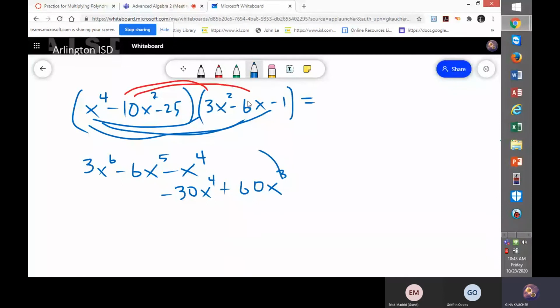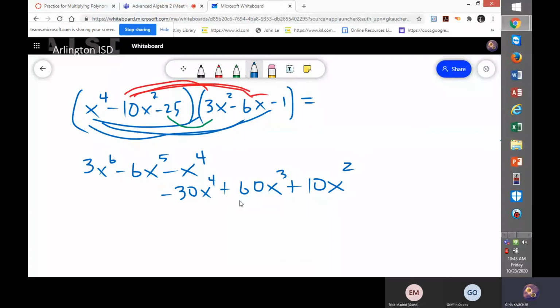Okay, then you take your negative 10x squared times your negative 1, and that gives you positive 10x squared. Okay, and then you still have negative 25 times 3x squared.